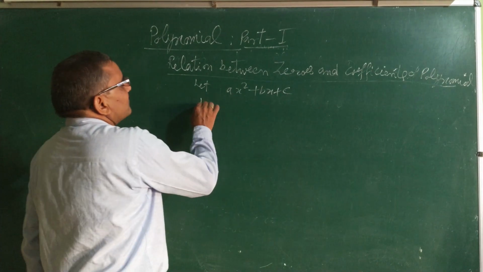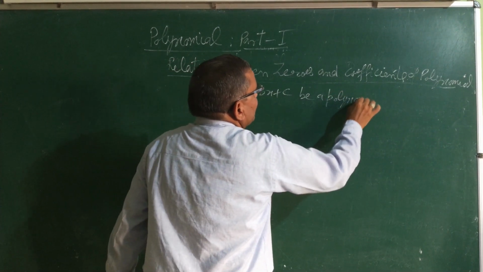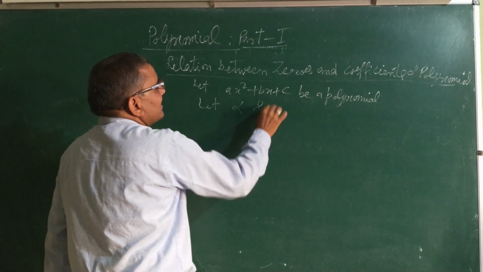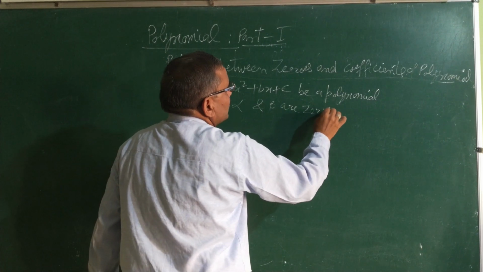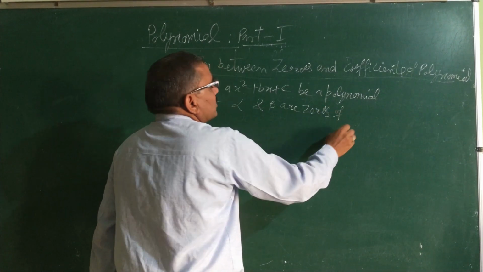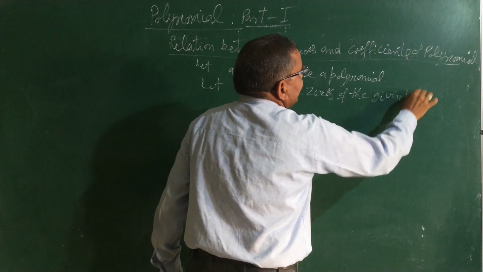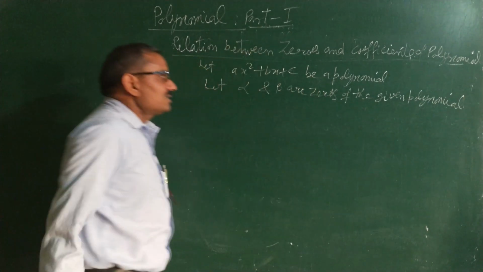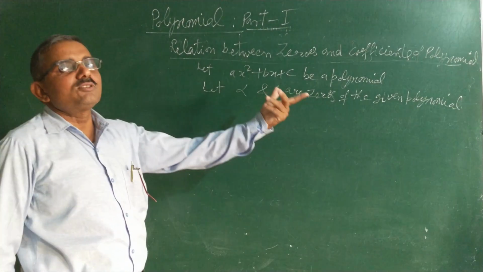Let alpha and beta be the zeros of the given polynomial, because it is quadratic, so it has 2 zeros.